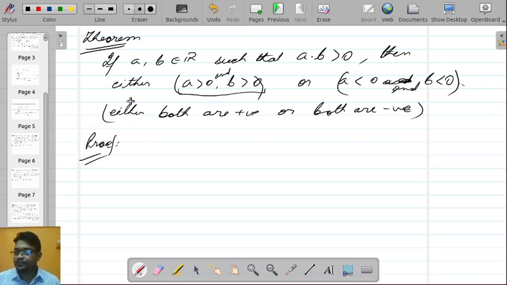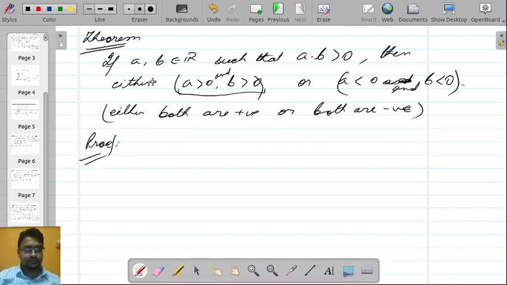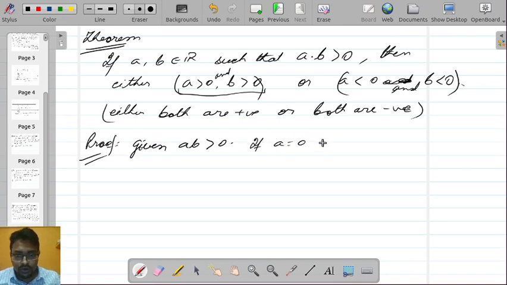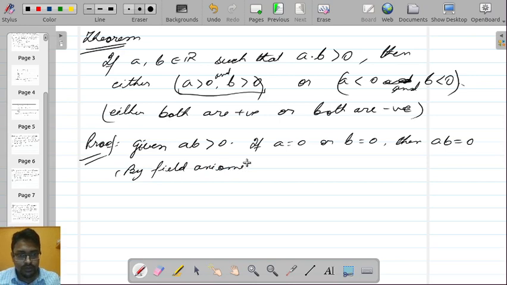Given A into B is greater than 0, if A equal to 0 or B equal to 0, then AB is equal to 0, by field axioms.